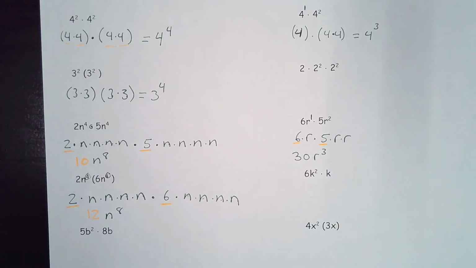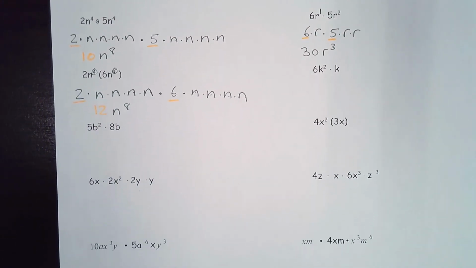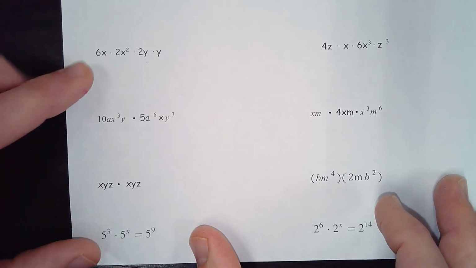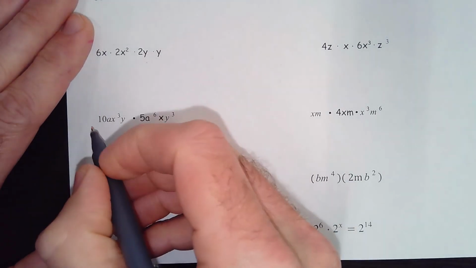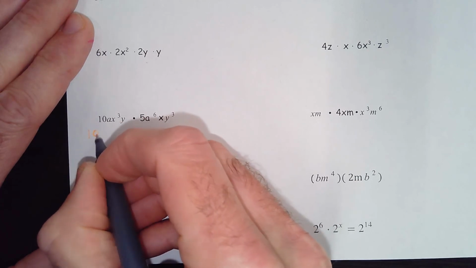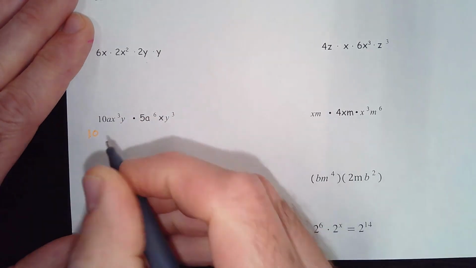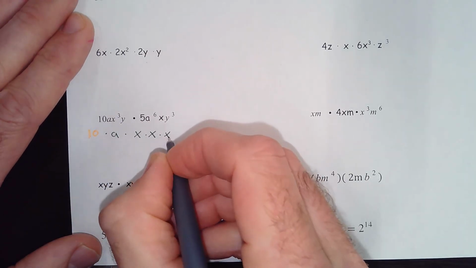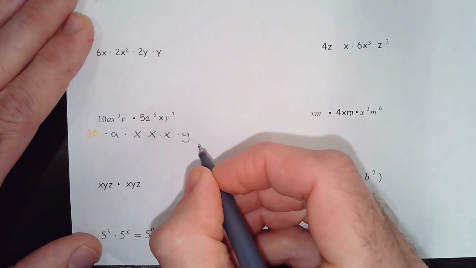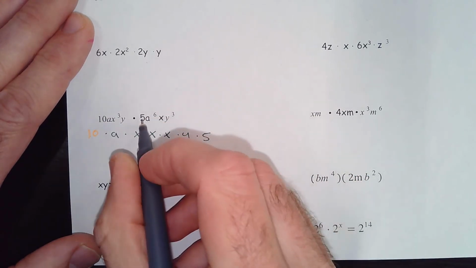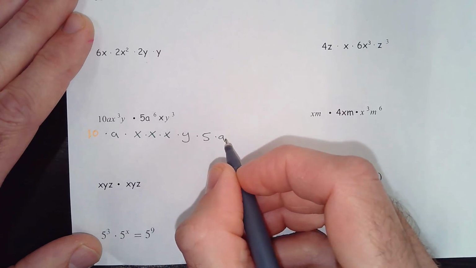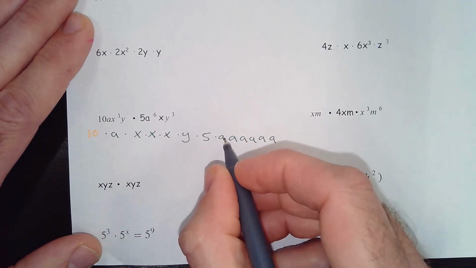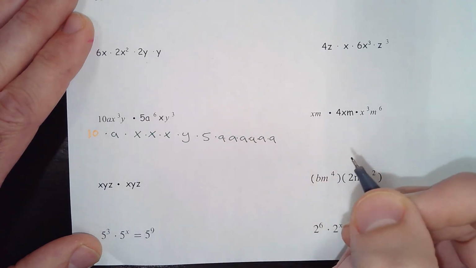Now let's jump down to one of these that has two different variables. This one's a little more complicated. Once again, expand it out. This is like 10 times a times x times x, 3 x's, times y, times 5 times a, and there's 6 of them, so 1, 2, 3, 4, 5, 6 a's multiplied together.